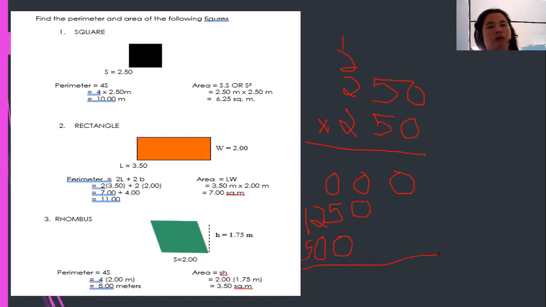Okay, so we're going to add. Bring down 0, bring down 0. 0 plus 5 is 5, 5 plus 0 is 5, then 2 plus 0 is 2, then 1 plus 5 is 6. So where are you going to place the decimal?